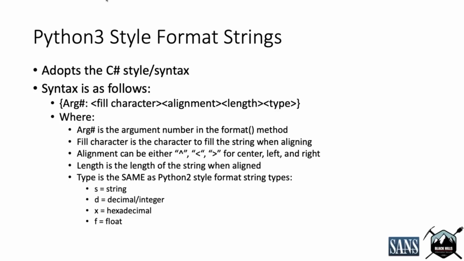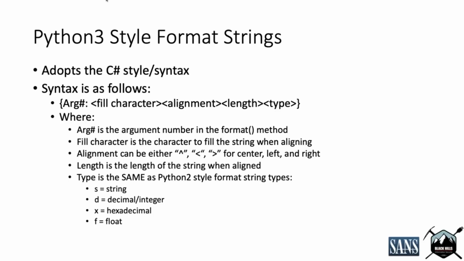So Python 3 adopts what I would think of as a C# style or syntax of a format string. Instead of using %s, %d, %x, and so on, Python 3 uses curly braces, and then an argument number, a colon, and then fill character, alignment, length, and type as the various parameters inside of the format string. And as it says on the slide here, the argument number is the argument number that you specify in the format method next to the format string.